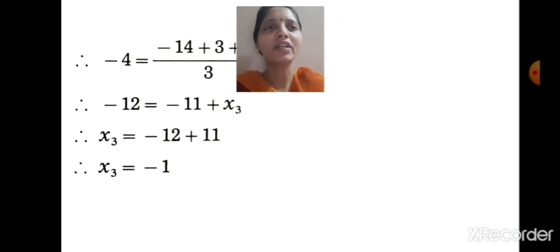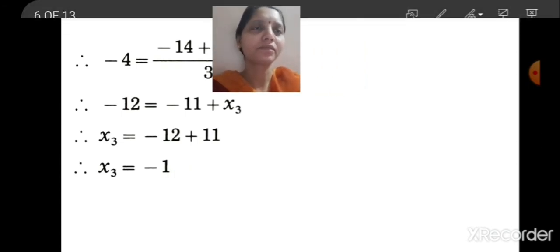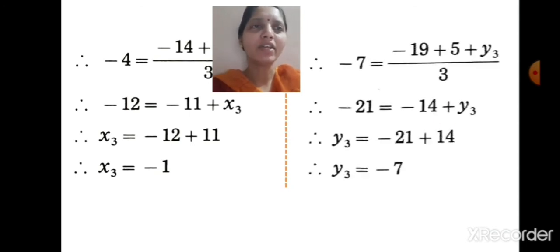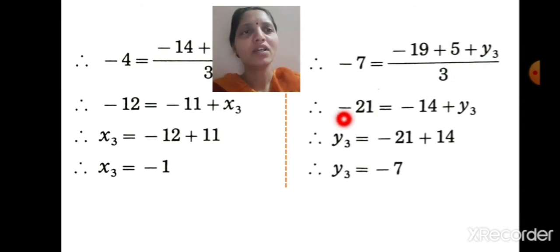Now let's find out y3. Now y is equal to -7, we know that, so -7 is equal to y1 is -19, y2 is +5 plus y3 upon 3. Therefore now shift this 3 to the other side, you will get 7 into 3 is 21.